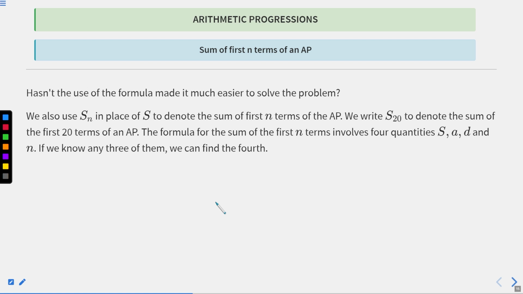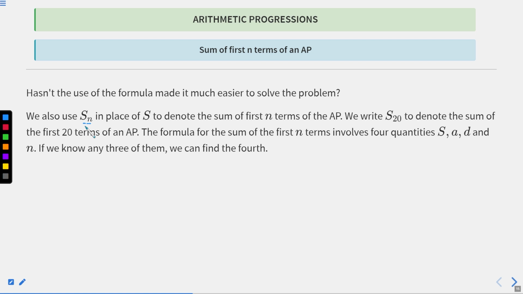Now, has not the use of the formula made it much easier to solve the problem? This formula makes it much easier to solve any problem related to the sum of the first n terms of an AP. We also use Sn in place of S to denote the sum of the first n terms of an AP.